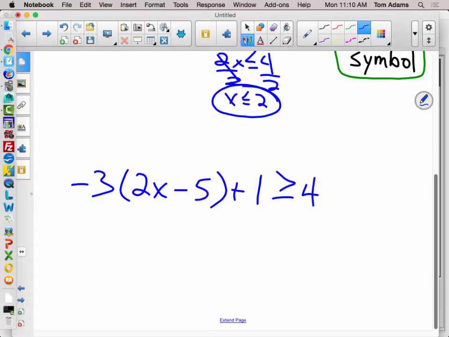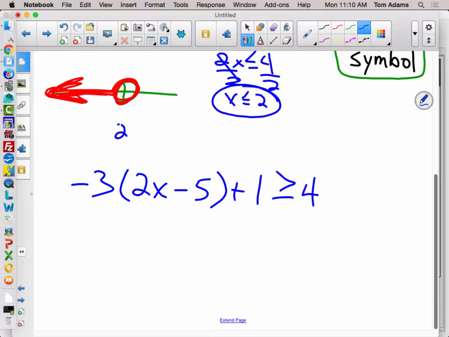We did a bunch of work, and we said that any number less than or equal to 2 will work.